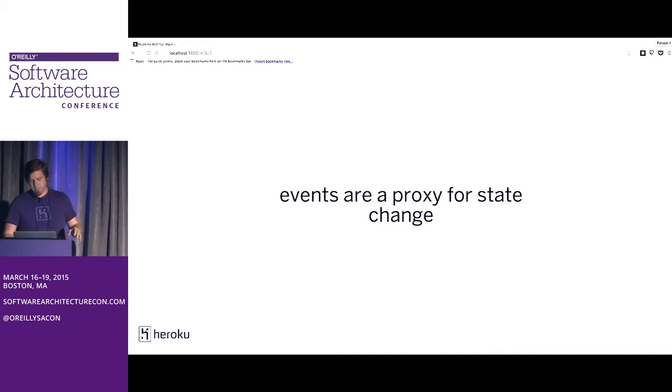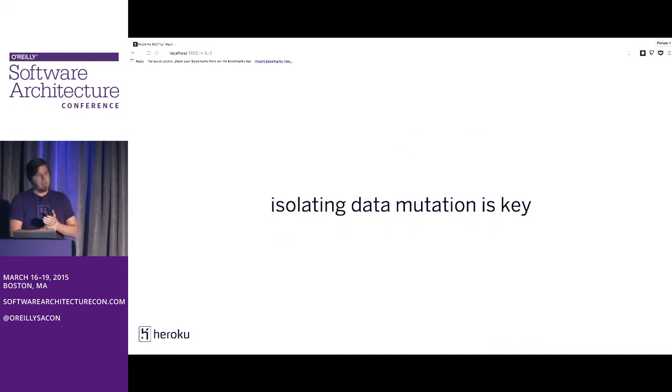code base. If we agree that state change is what we're after and not necessarily event propagation, then all we really need to know about is all the operations which change state. And so our goal then is to isolate those mutations. And once we've isolated them, then we have all the hooks we need to enumerate them explicitly.